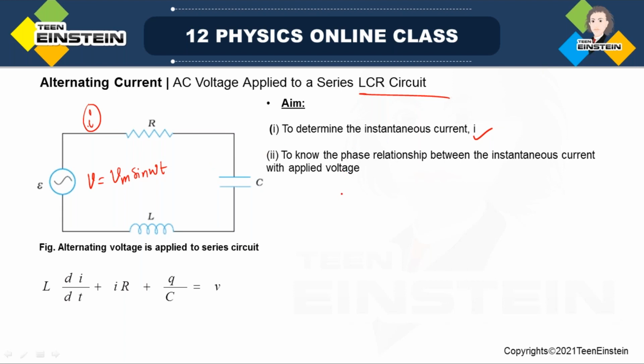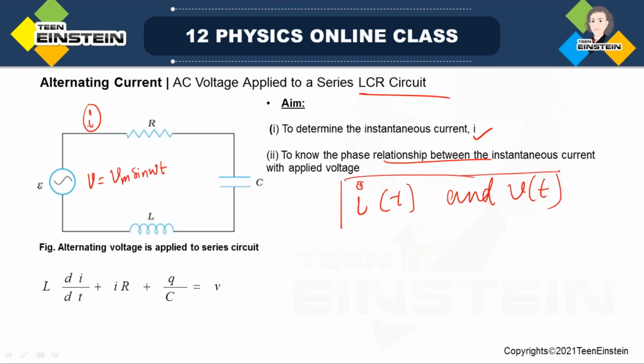And the second aim is, what is the phase relationship between the instantaneous current and the instantaneous or applied voltage? So first we have to determine the instantaneous current in the circuit, and then find out the phase relationship between the current and the applied voltage.